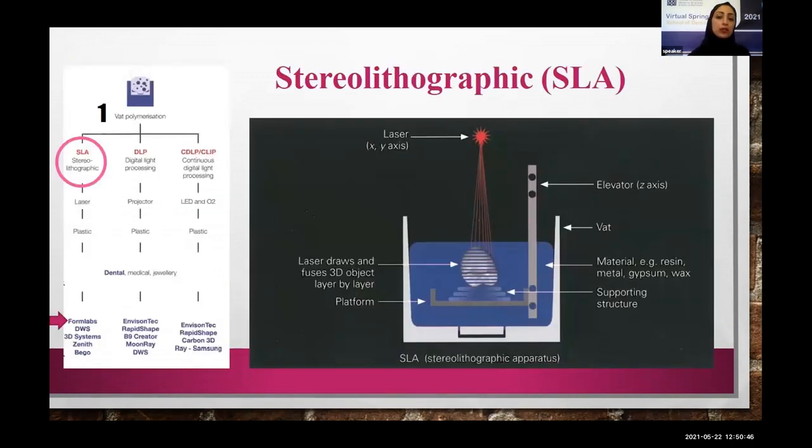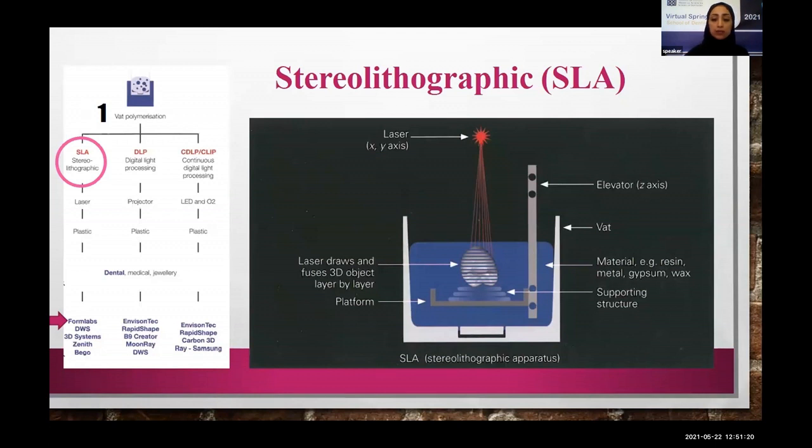A stereolithographic apparatus is the first method of 3D printing, which was developed in 1984 by Charles Hall. It's a kind of vat polymerization process, and it consists of a vat, which is filled with a photosensitive liquid resin that is cured by a light source. In SLA, the light source is always a laser beam, which traces or draws the pattern point by point, layer by layer, until the printing is finished.